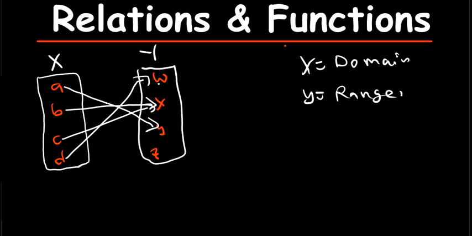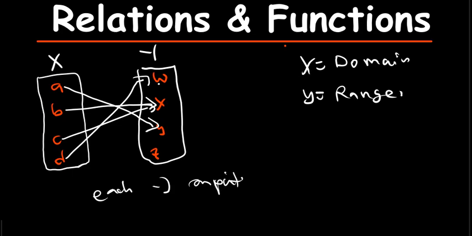So for you to know that this is a function, there is one thing that we need to know. A function is a special type of relation where each input has exactly one output. So each input here should have an output.